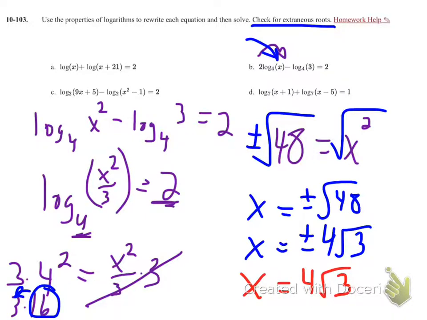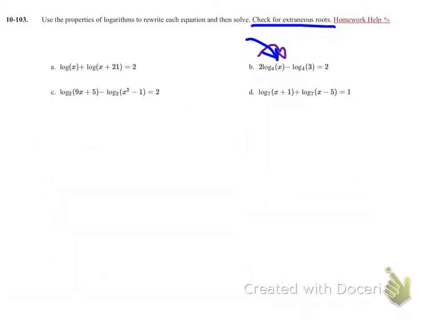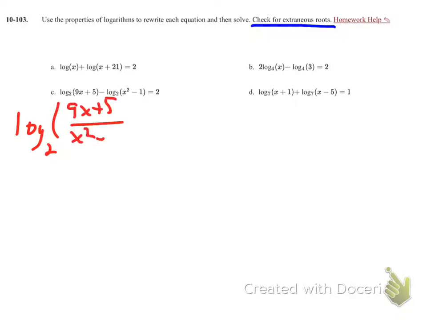Looking at problem C. Base of 2, base of 2. So now I'm going to go through again and write it as one logarithm. Log base 2, and I'm going to divide 9x plus 5 over x squared minus 1 equals 2.